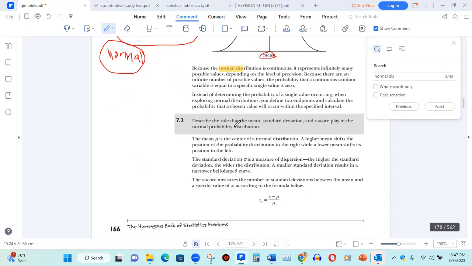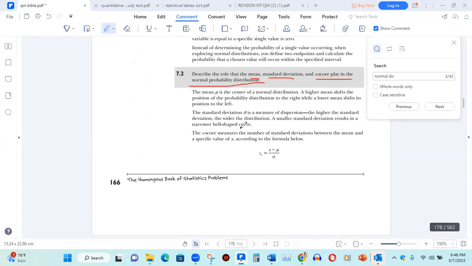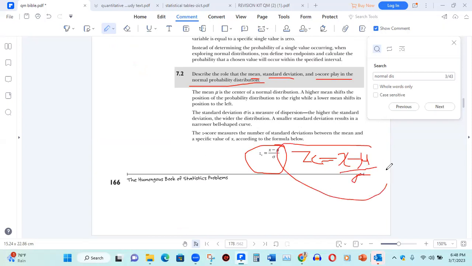We also describe the role that the mean, standard deviation, and the z-score play in the normal probability distribution. The mean is the center of the normal distribution. The higher the mean, the more it shifts. The z-score is calculated as x minus mu over standard deviation.